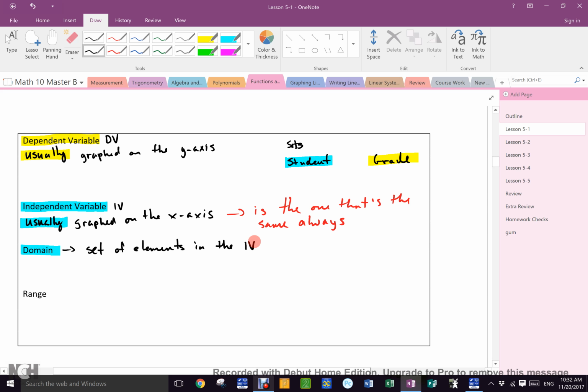So if you guys are the independent variables, each of you is an independent variable, the domain of this relationship is all of you. Cool? So obviously, what's the range? It's the set of elements in the DV. Everybody good?